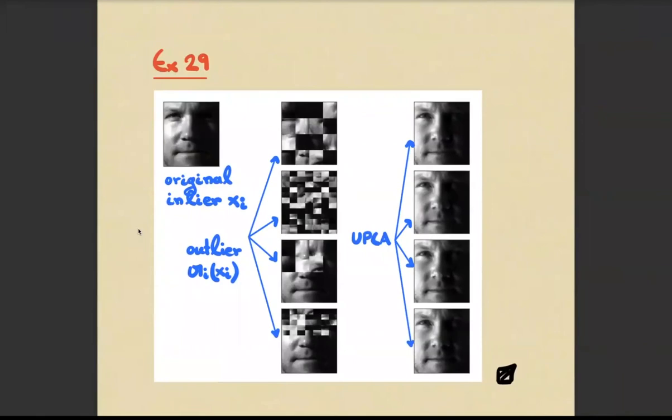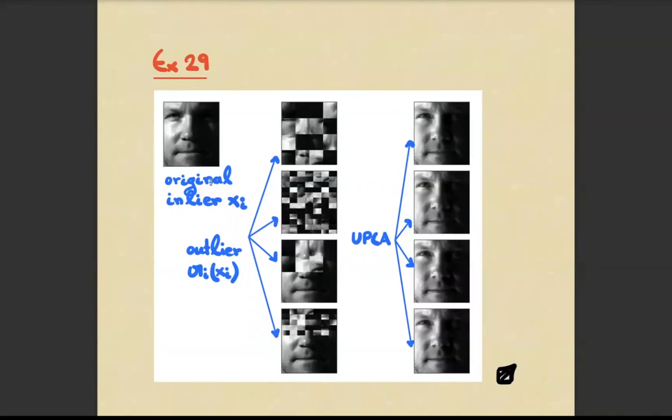Finally, let me show you something fun. We did the following experiment. We worked with a face database where each column of the data matrix is a vectorized version of a face image. So this is a face image. We vectorize it, and this becomes one of the columns of the matrix.